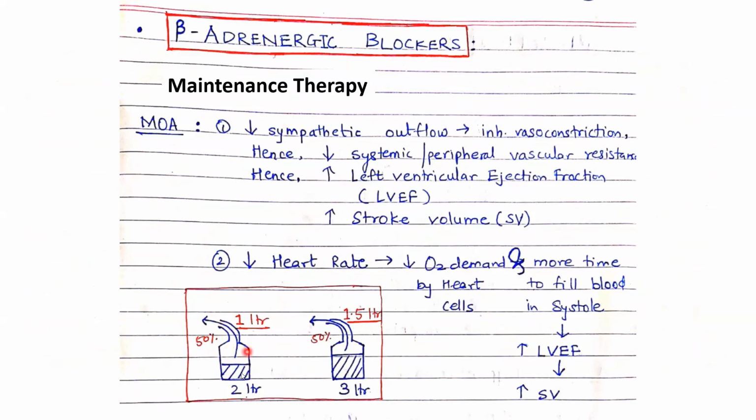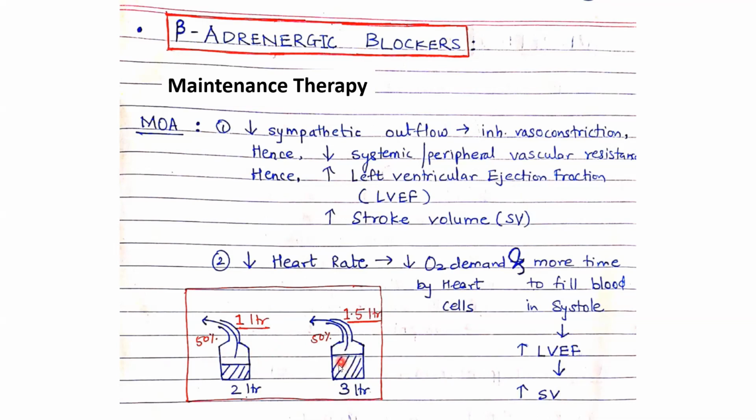For example, normally the heart is beating at 60 beats per minute, and the time it gets to fill is supposedly 30 seconds. Now, if you increase that time to 90 seconds, more amount will be filled.